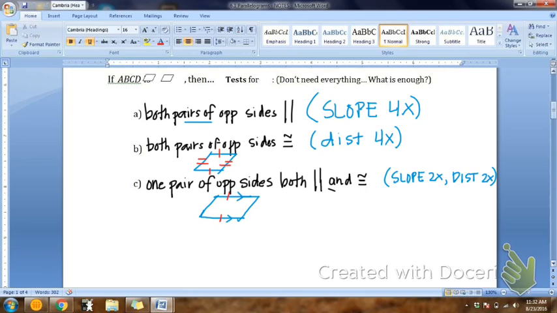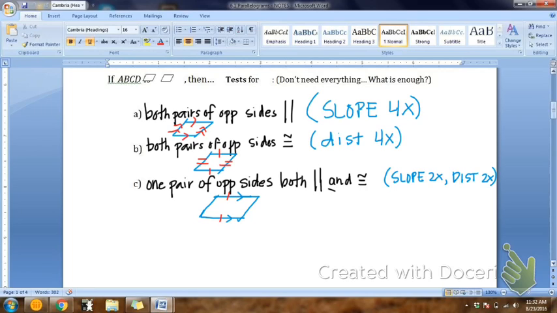If you are checking to see if both pairs of opposite sides are parallel, this is what you're checking for. So again, it's going to be up to you which one you check. If they already tell you that it's a parallelogram, then you know all of these things are already true. You don't have to check them. You just know that they're already true.